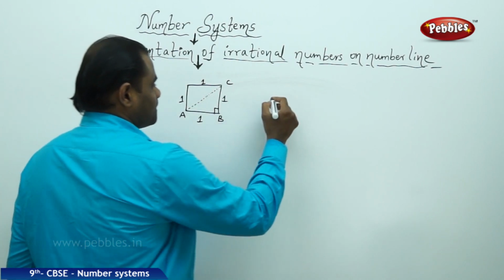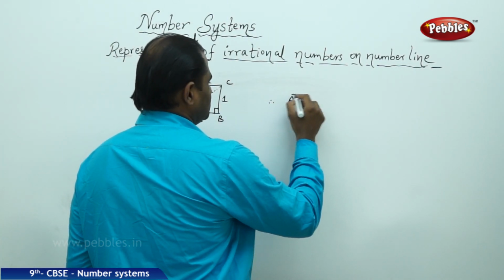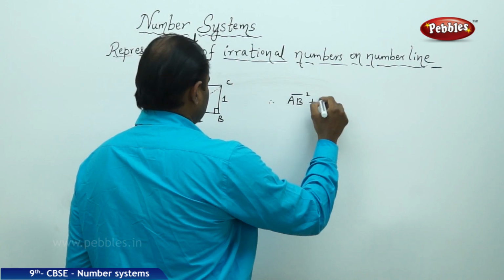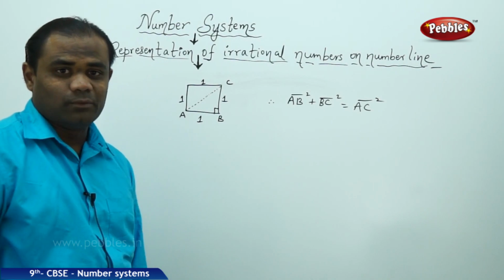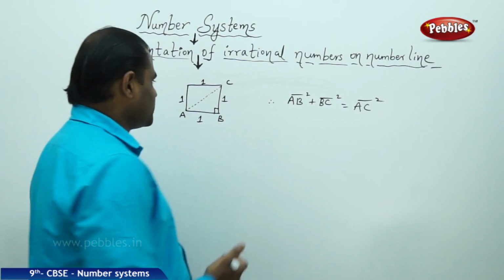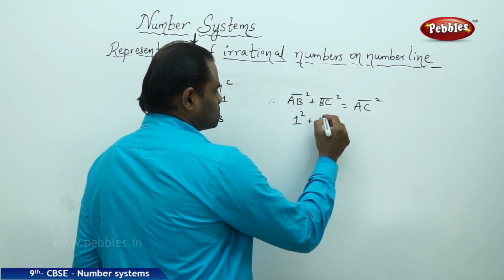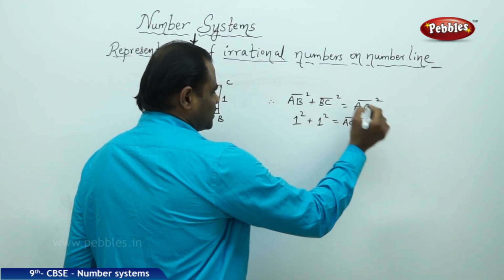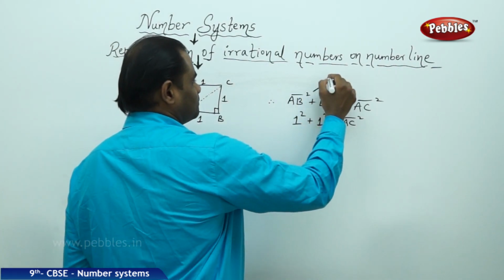Therefore, by using the Pythagoras theorem, I have AB square plus BC square equals AC square, which on substituting the given values gives me 1 square plus 1 square equals AC square.